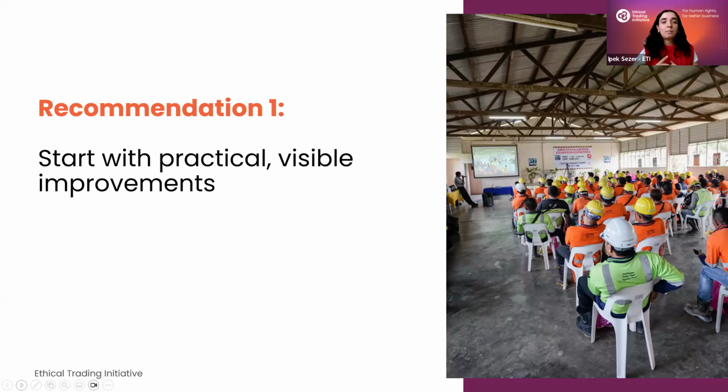These examples can be better PPE, reducing lifting loads, transport support to workers who work or live in remote areas, heat protection, improved sanitation, workers' communication mechanisms. These are not always expensive interventions, but they can have a real impact on workers' daily lives. In many cases, practical improvements also supported productivity, morale, and workplace relationships as well. Next slide, please.